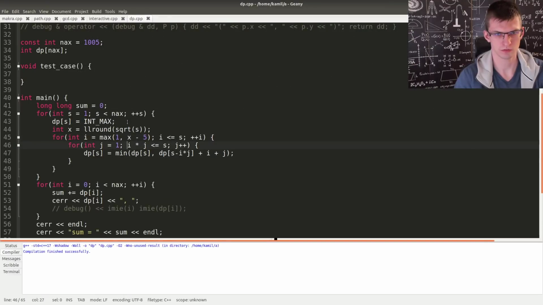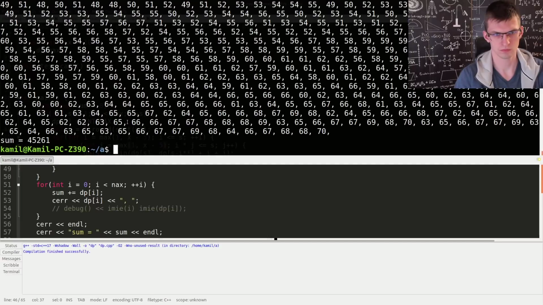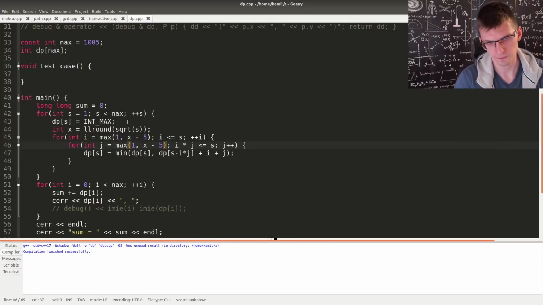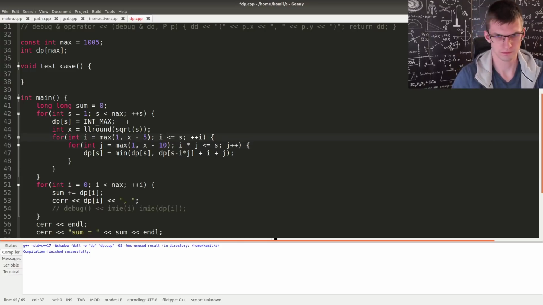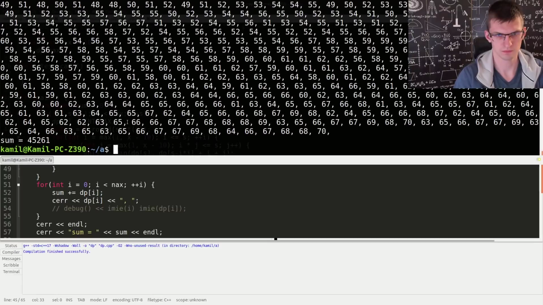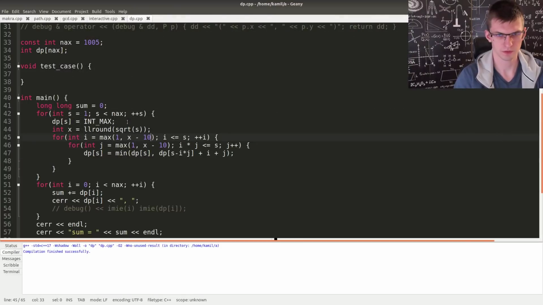Didn't change. Now it changed. Okay, correct. This doesn't mean a lot for those constraints.